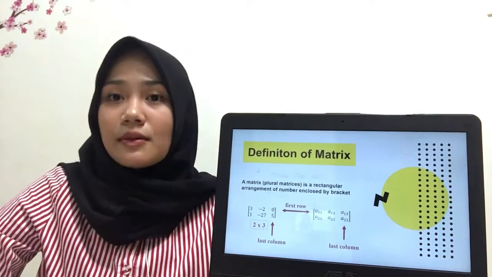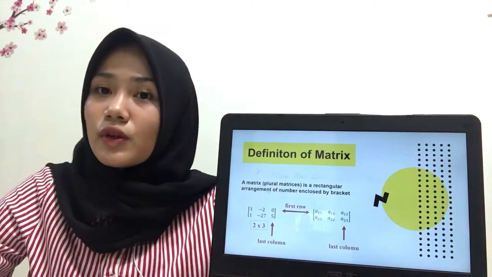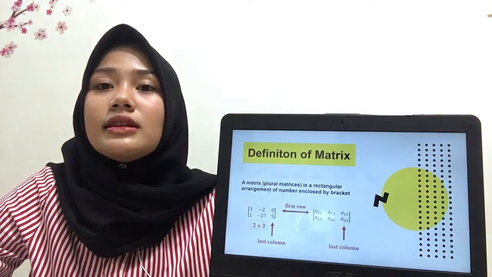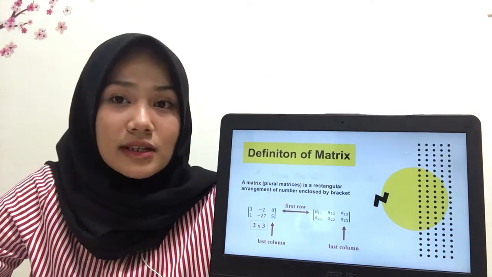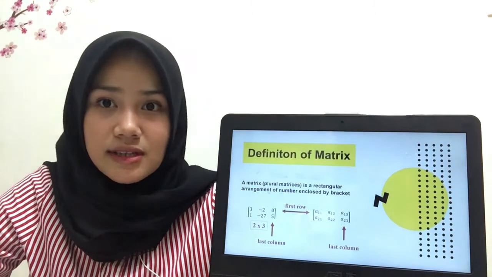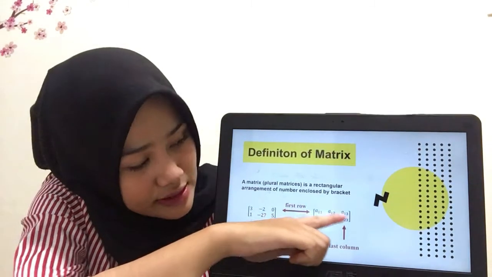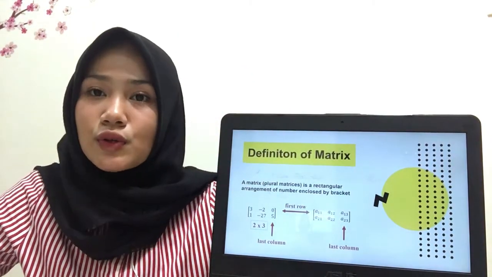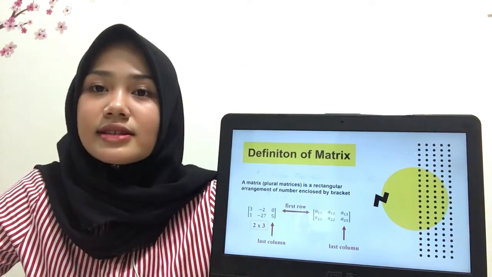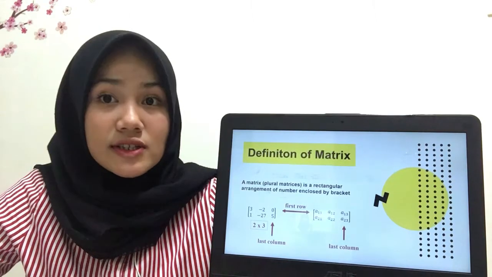A matrix is usually labeled with a capital letter, and the entries of that matrix are labeled with the same letter in lowercase with a double subscript. This is for the example. The first subscript refers to the entry's row, and the second subscript refers to its column.